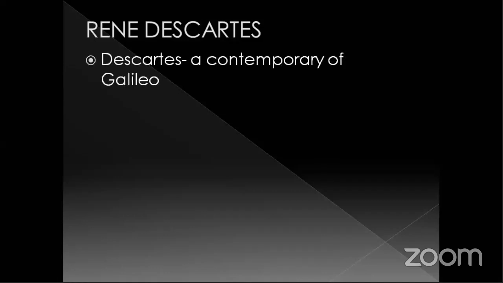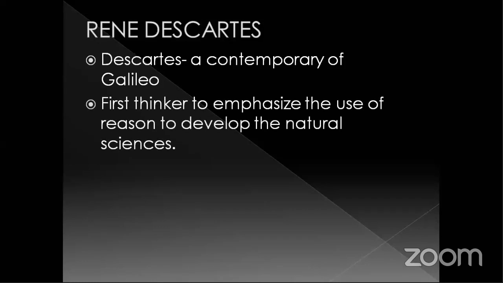Now let me talk about the first modern philosopher in the history of philosophy, that is Rene Descartes. He is the first modern philosopher, and his philosophy had defining influences on science and social sciences. Descartes was contemporary to Galileo, the first thinker to emphasize the use of reason to develop natural sciences.